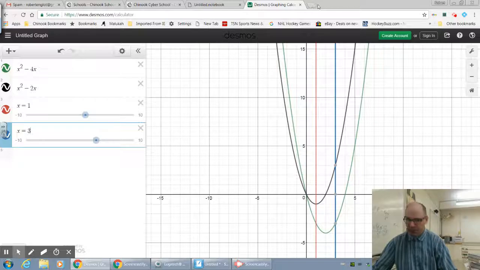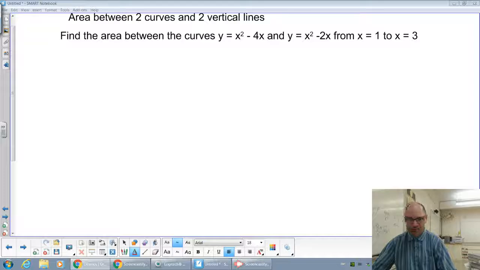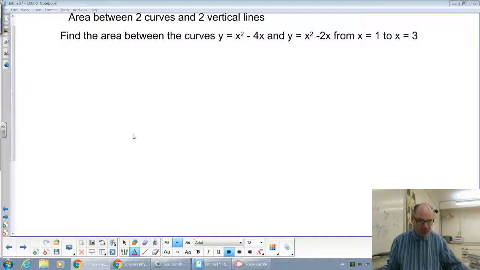So let's get this out of our way. See if we can get this done in 10 minutes. Okay, and let's go ahead and do our calculation. What we're going to have to do is, the upper limit was the x squared minus 2x curve, as we saw.